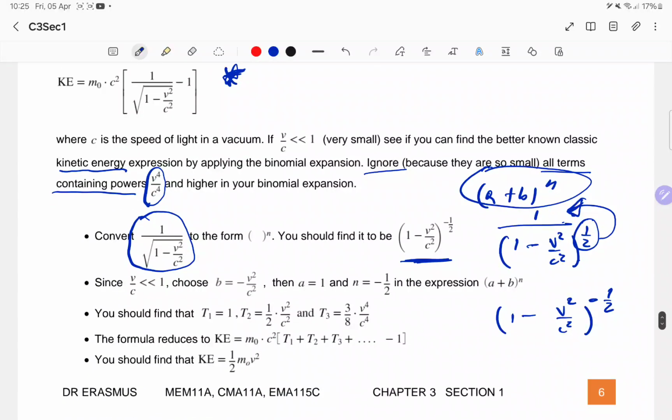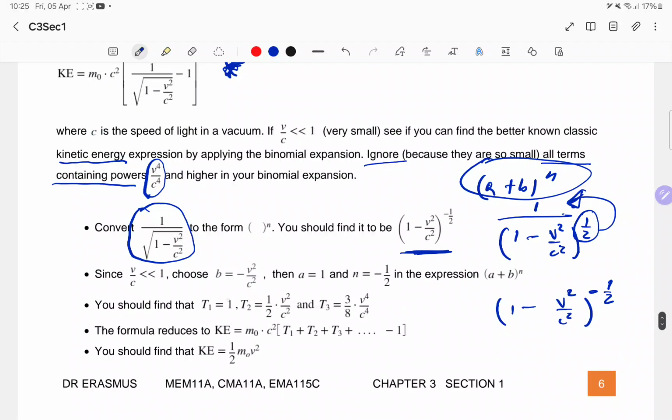Before we expand, we choose b equals this. Remember this is our a. Then our b is negative because the original form has a positive sign.